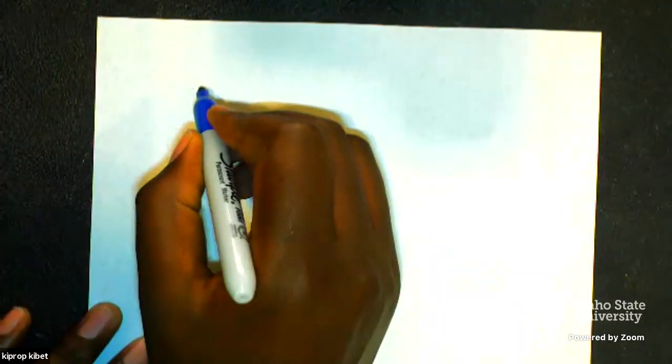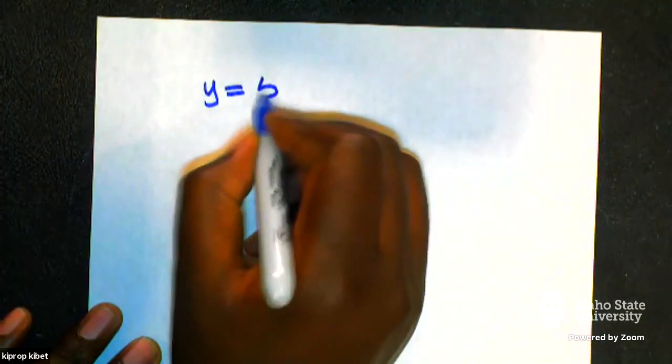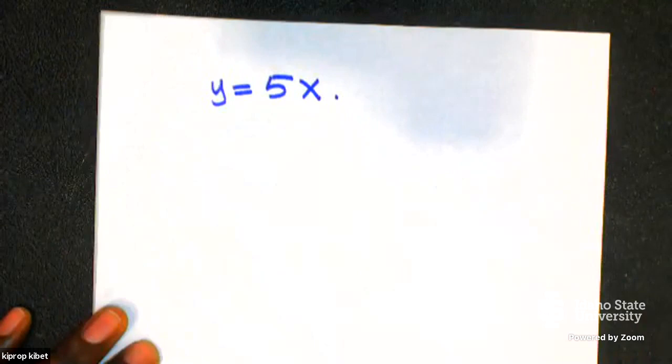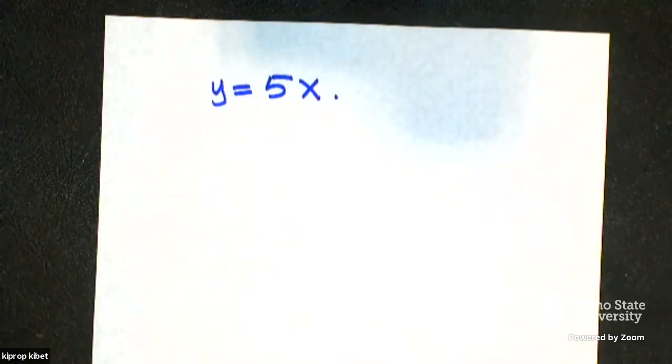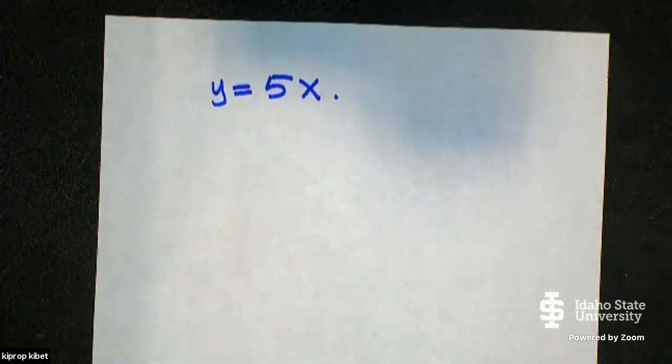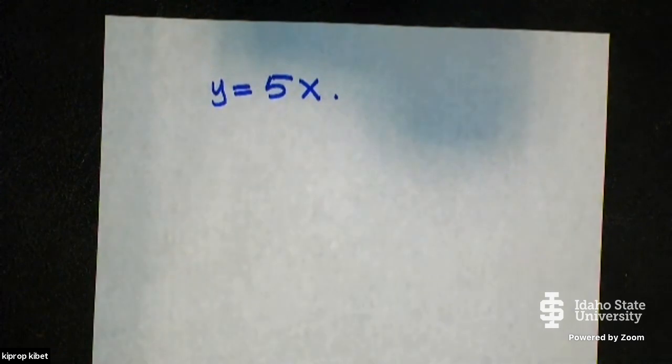All right, you can try this one. Graph y equals 5x using the intercept.